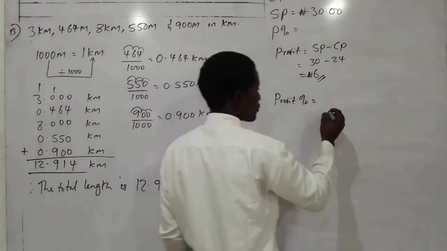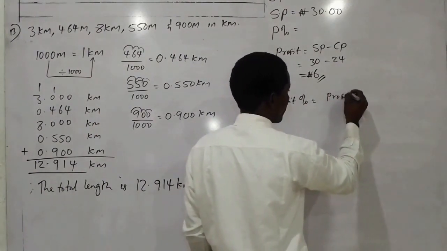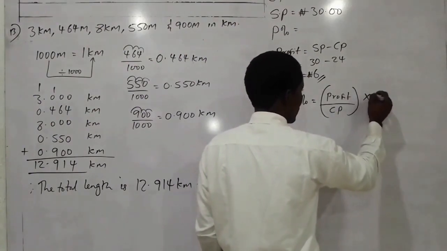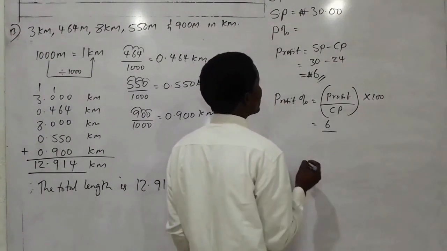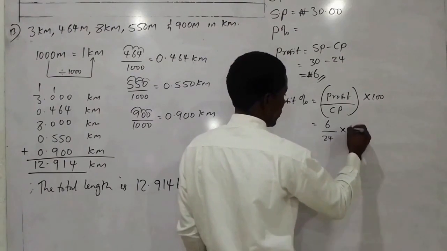Now the profit percentage will be equal to the profit over cost price, everything times 100. The profit is 6 and the cost price is 24, times 100.